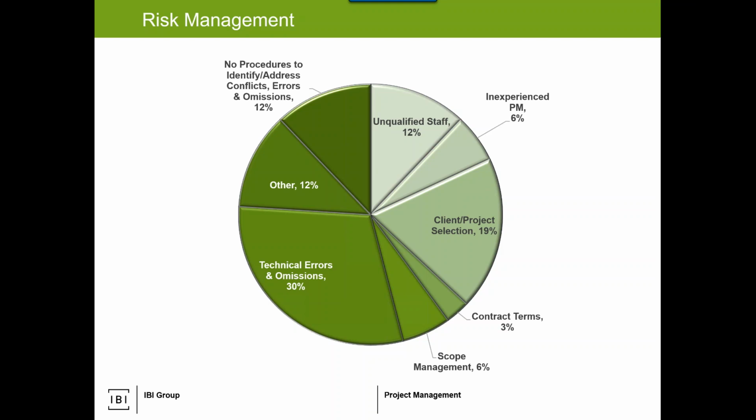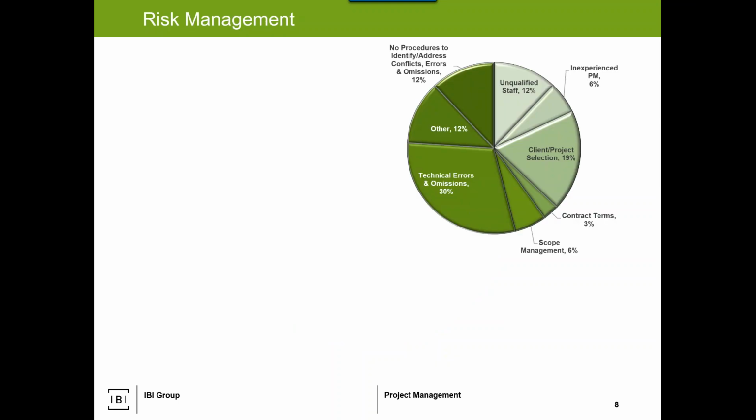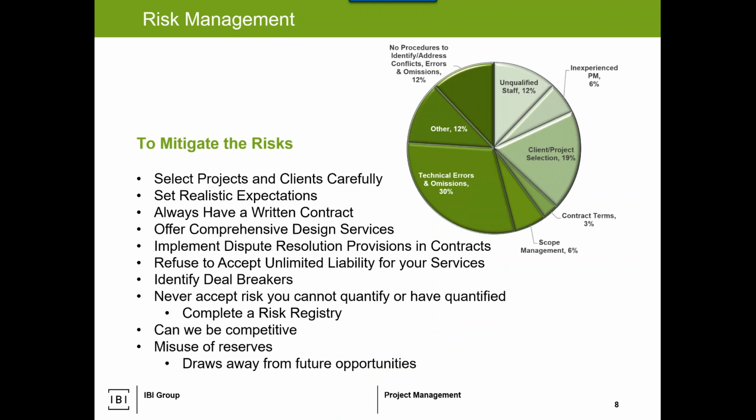But think about scope management. What are we BIMing and why are we BIMing it? That's an element of the project's scope, often forgotten, which is why there's so much effort trying to get us at the forefront when we're starting these projects. So, a couple of pieces of advice here on how to mitigate risk.